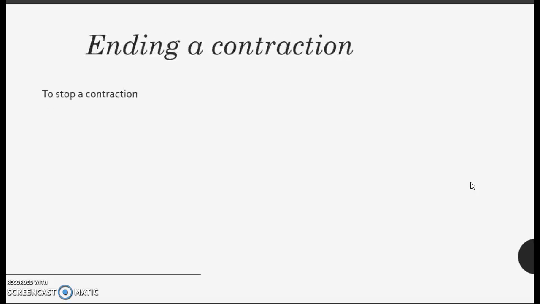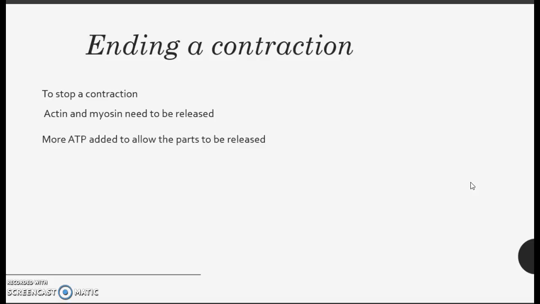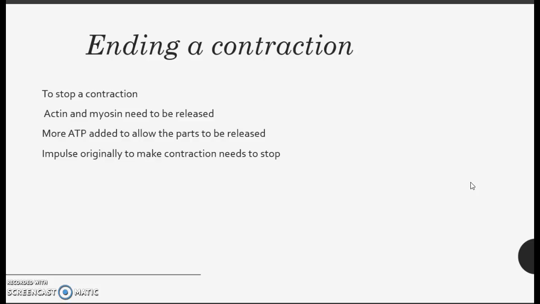Ending a contraction. To stop a contraction, the actin and myosin need to separate their cross bridge. As I said, this means ATP is added to allow the parts to separate again, and the impulse that was originally needed to start being able to move your arms to catch the netball needs to stop.